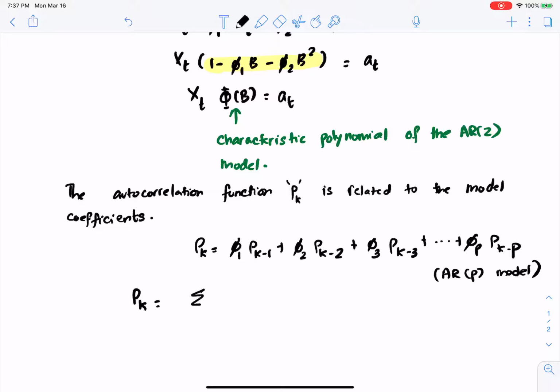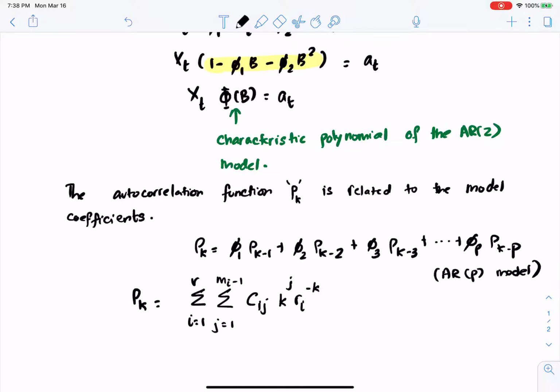So rho k is the sum over i equals 1 to v, sum over j equals 0 to m_i minus 1, of C_ij, k raised to j, and r_i raised to negative k.